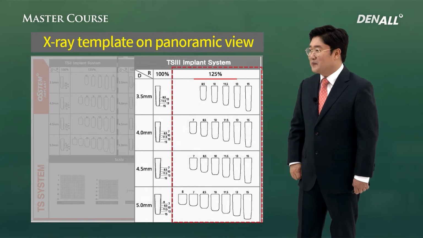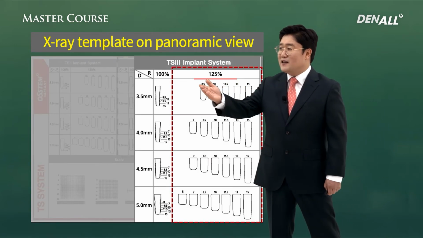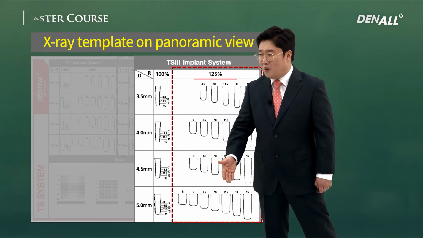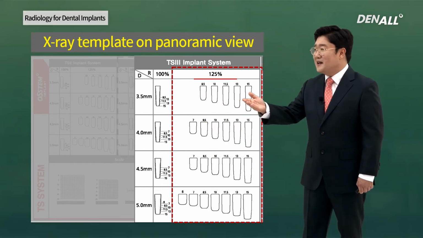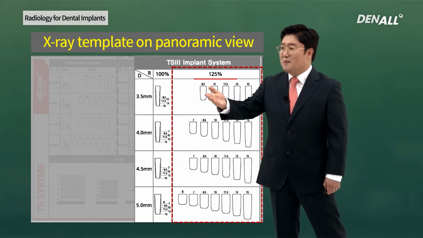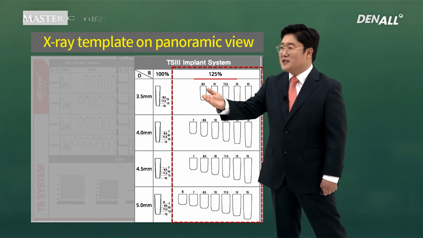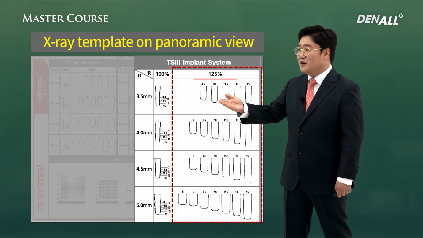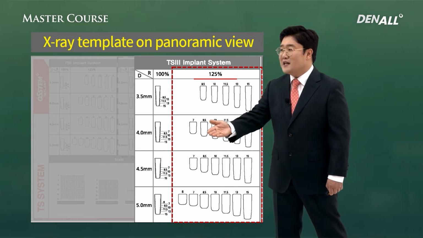As you can see, various implant diameters and various lengths per diameter are indicated here. For example, a 3.5 diameter, 8.5 millimeter length implant is here.